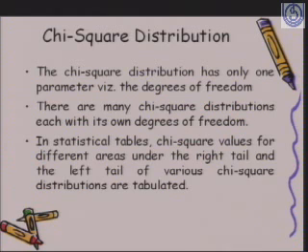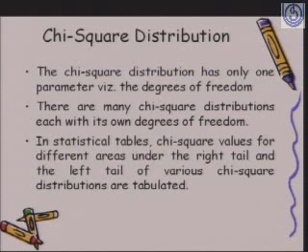So basically, let us define what is a chi-square distribution. The chi-square distribution has only one parameter, and this is called the degrees of freedom. There are many chi-square distributions, each with its own degrees of freedom, so we have seen that on the basis of degrees of freedom, it changes its shape.